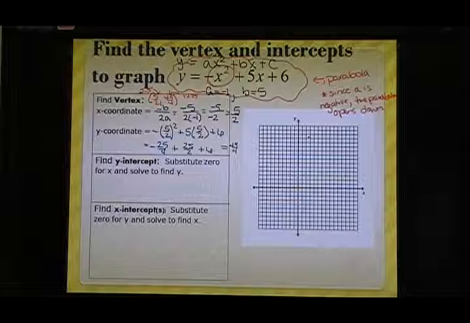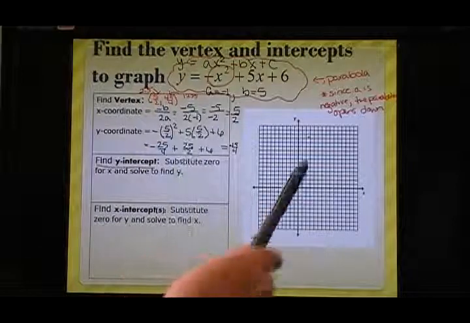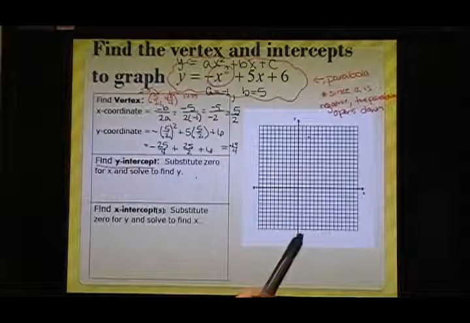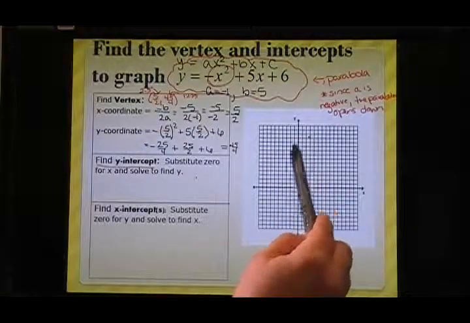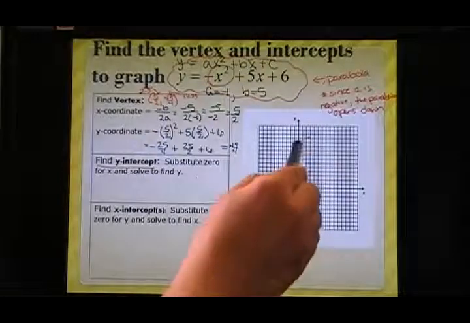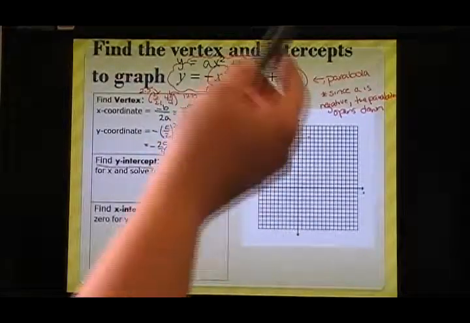Let's find the y-intercept. Okay, so if I'm trying to find the y-intercept, I'm trying to find where my parabola is going to cross over the y-axis. And if I'm looking for where it's going to cross the y-axis, I know that the x-coordinate of that point is 0.